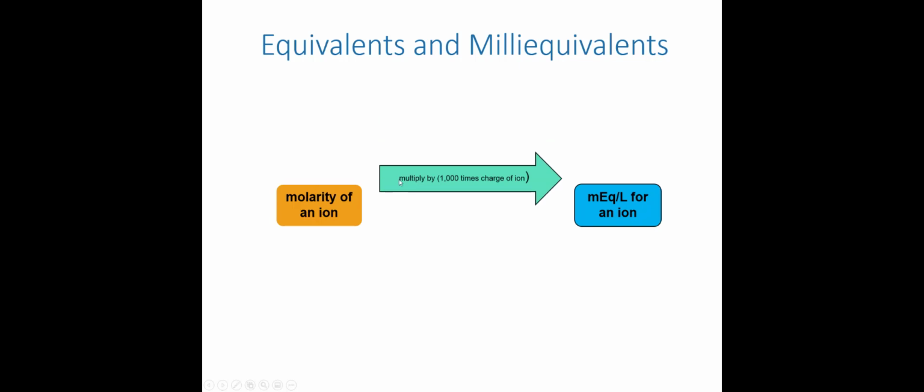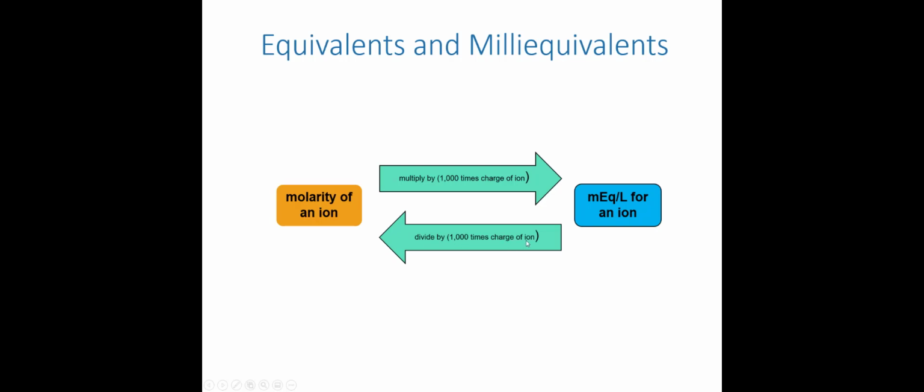Getting from one to the other is simple. You simply multiply the molarity by 1,000 times the charge of the ion. On the other hand, if you want to go from milliequivalents per liter to molarity, you just do the opposite. You divide by the product of 1,000 times the charge of the ion.